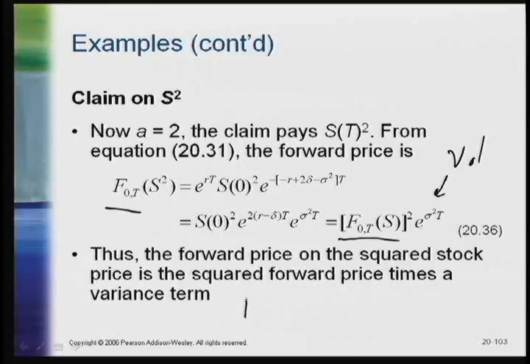We get that the forward price of S squared is bigger than the forward price of S raised to the square, and that's because this exponential is going to be bigger than 1 because we have a positive exponent.